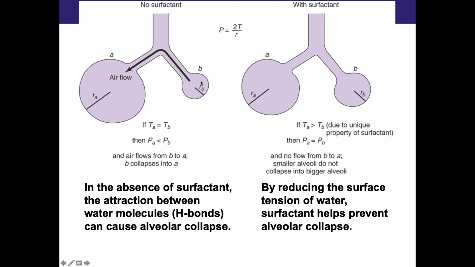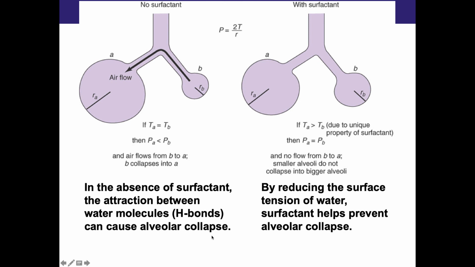Then because of the differences in the radius, the pressure in A is actually going to be less than the pressure in B. And air is always going to flow from high pressure to low pressure. We know that through Ohm's law. And what you're going to see is alveolar collapse. It's actually going to collapse some of the alveoli.